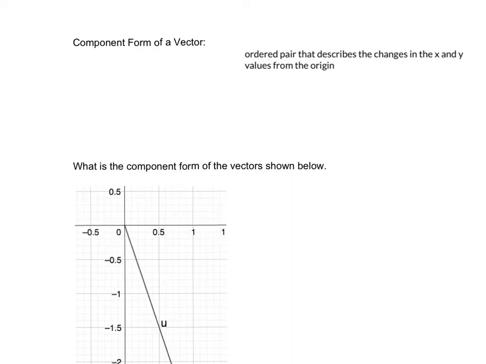So we like that initial point to be at the origin when we're writing our vector in component form. Now, if your vector does not have its initial point at the origin, there is a way to rewrite it so it is. And we are going to talk about that when we look at an example.